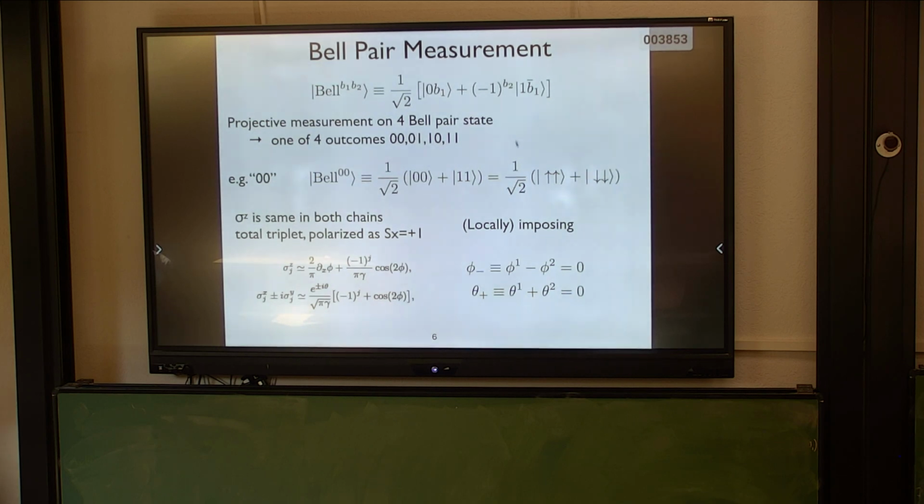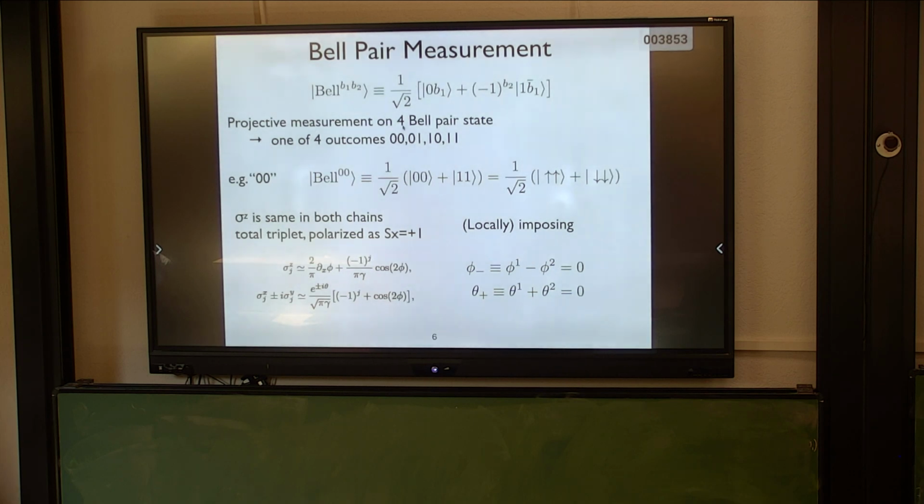For 2 qubits, or 2 spin 1/2, we can take 4 mutually orthogonal maximally entangled basis states labeled by B1 and B2, which can take 0 and 1. So there are 4 Bell pair states: 00, 01, 10, 11. And each state is defined like in this equation.